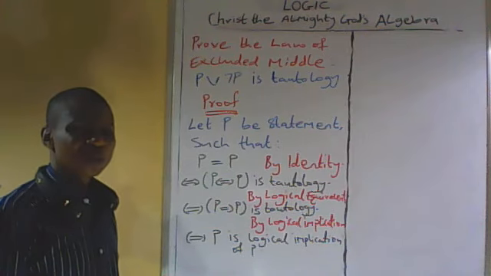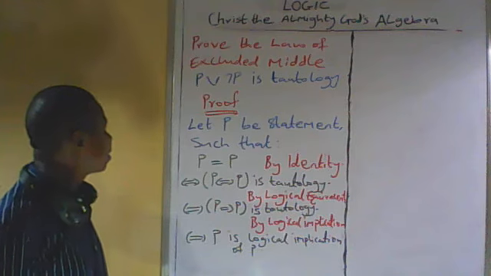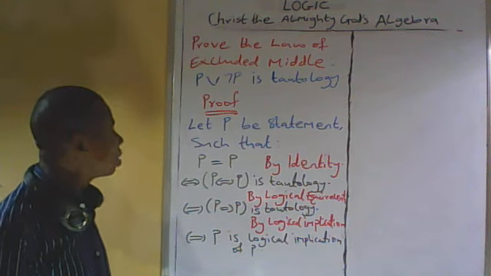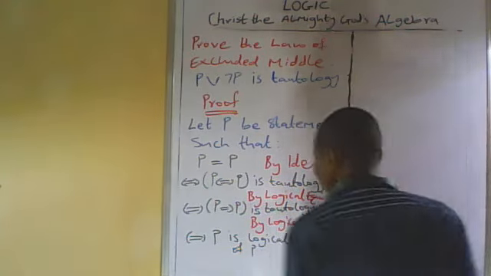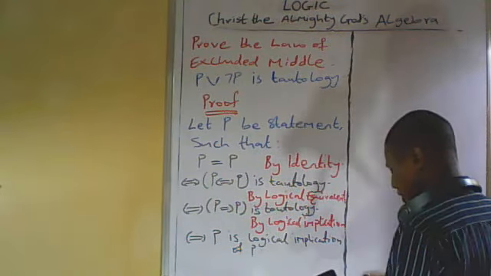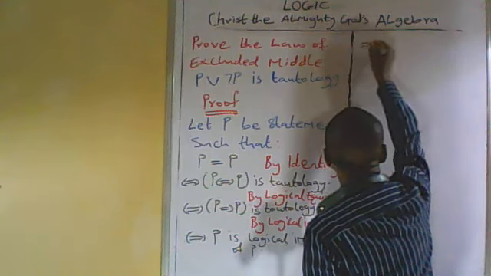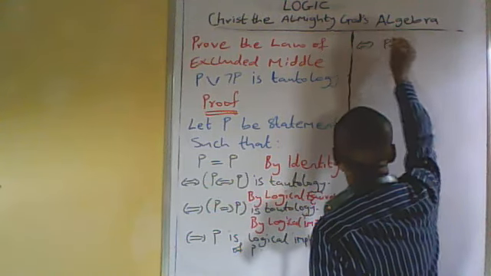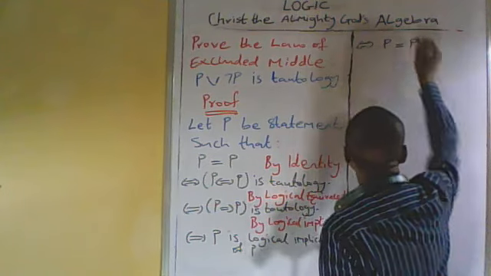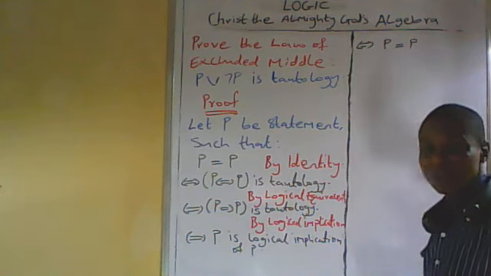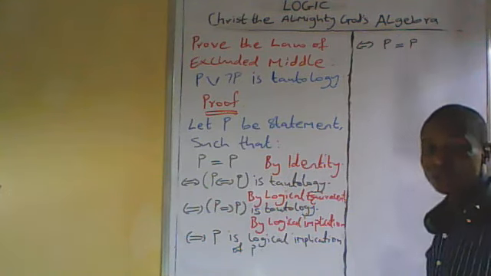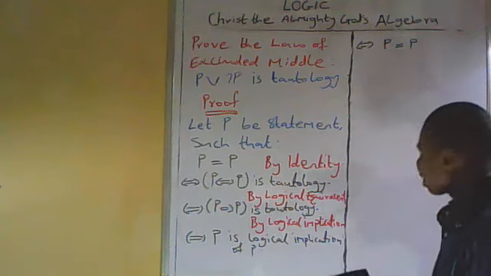Now let us prove the law of excluded middle, that P or not P is a tautology. Since P exists, we say if and only if P is equal to P. If P exists, it also means that P is equal to P by identity.